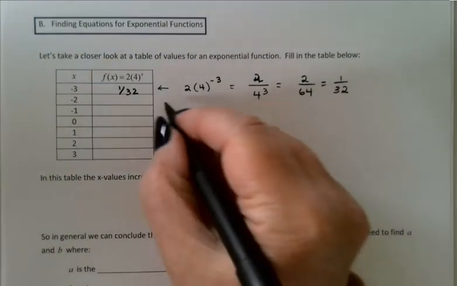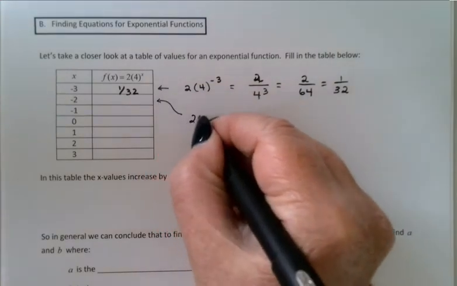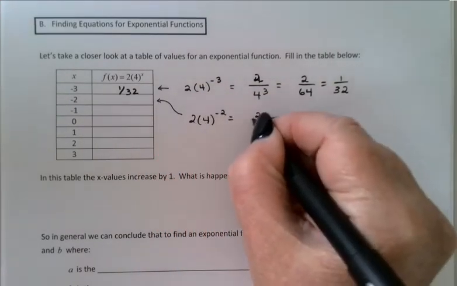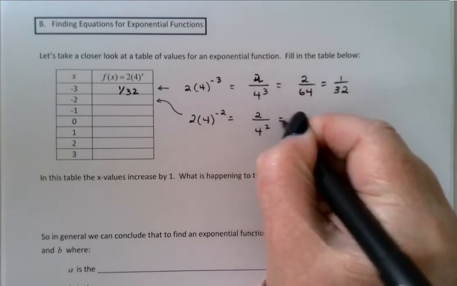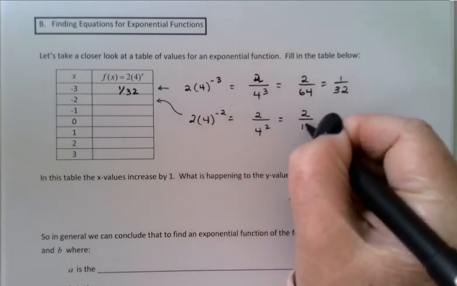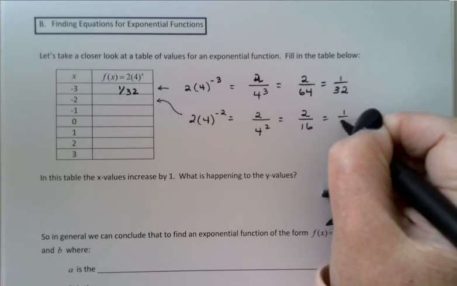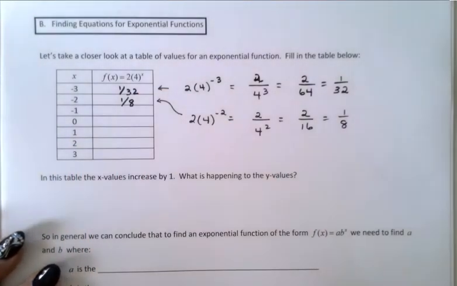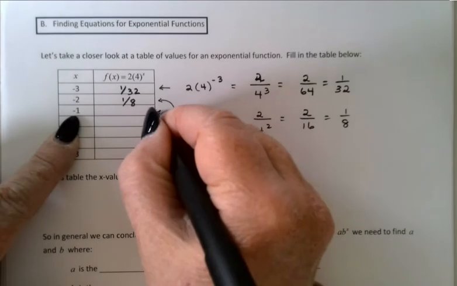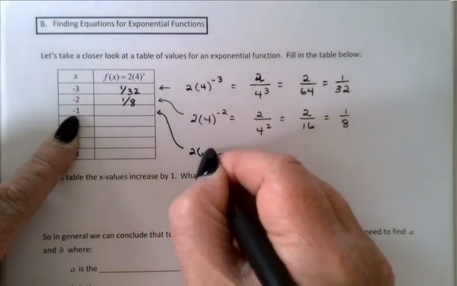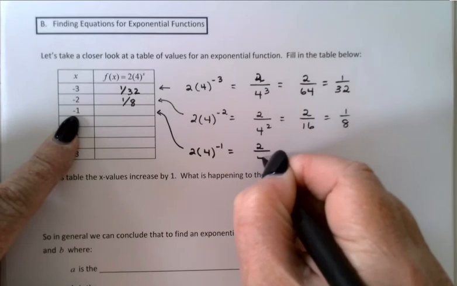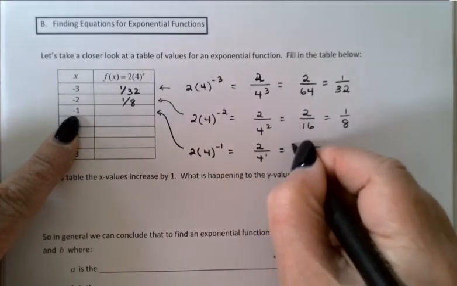I can keep going. 2 times 4 to the negative 2 would be 2 over 4 squared. That's 2/16 or 1/8. And 2 times 4 to the negative first is just 2 over 4 to the first. 2/4 would be 1/2.